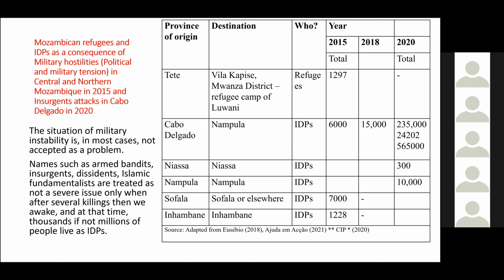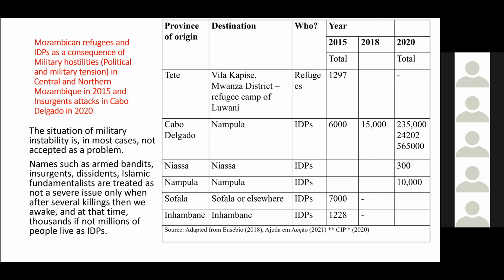So you can see in 2015, in Cabo Delgado province, we had 6,000 IDPs. In 2018, the numbers grew to 15,000. And currently, I'm talking about 2020, I don't have exact data, this is an estimation from several sources.